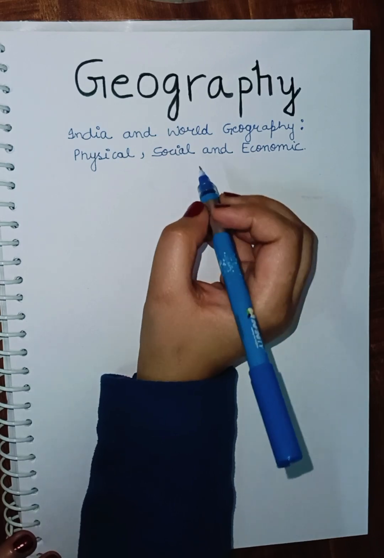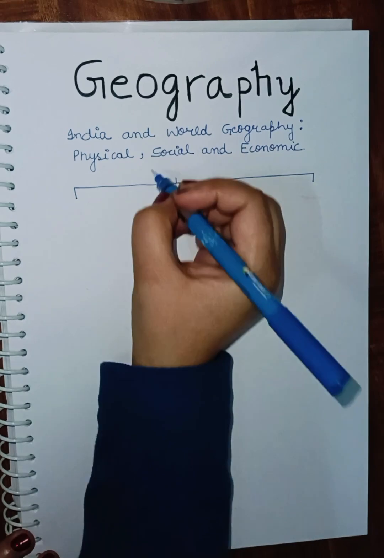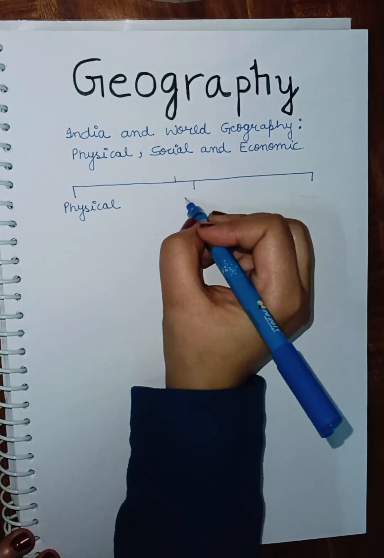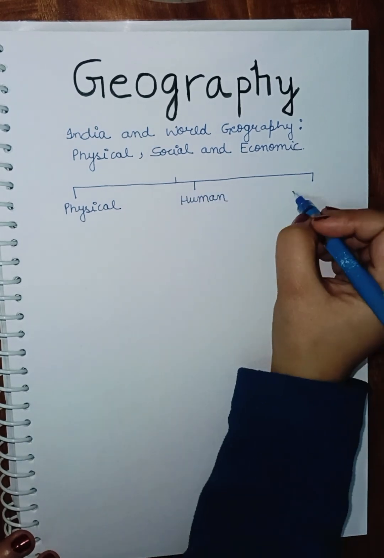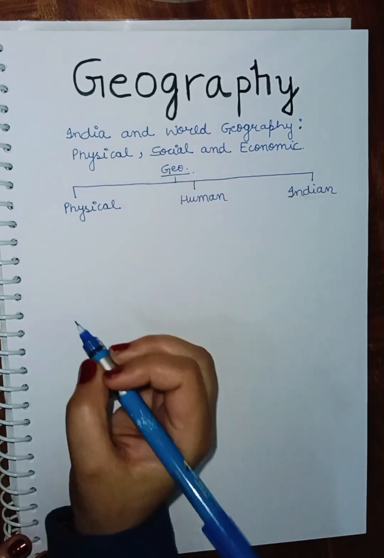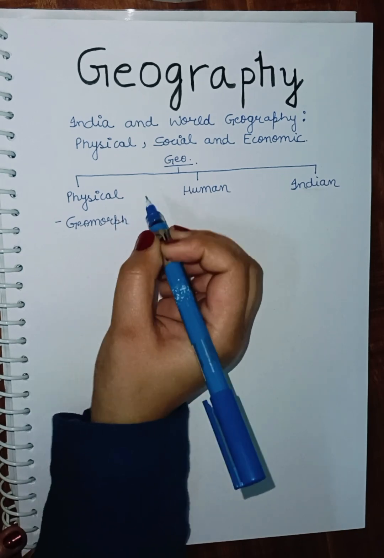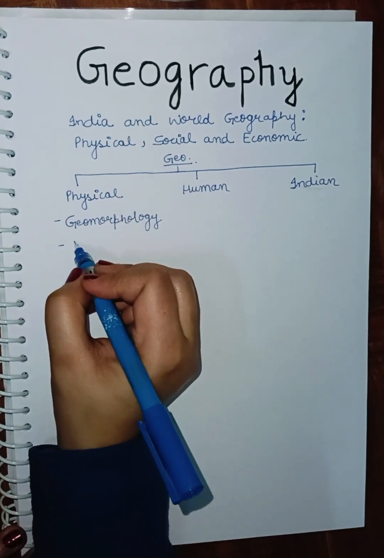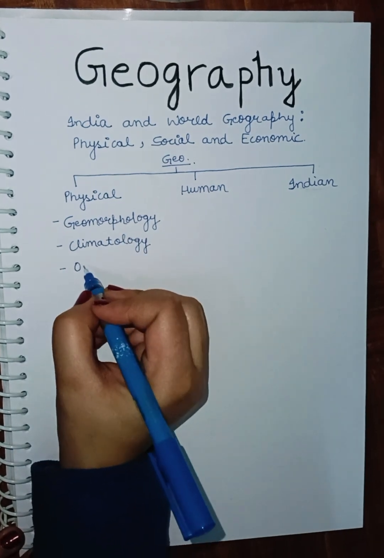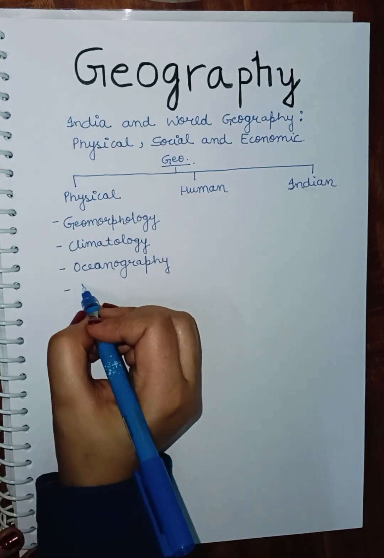Majorly, the geography syllabus is divided into three parts. That is physical geography, human geography, and Indian geography. Physical geography includes geomorphology, climatology, oceanography, and environmental geography.